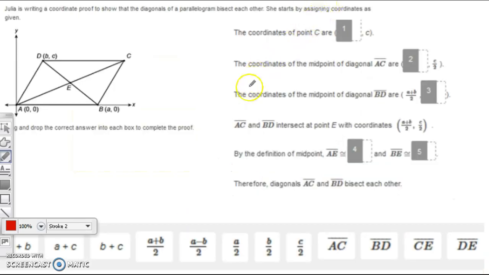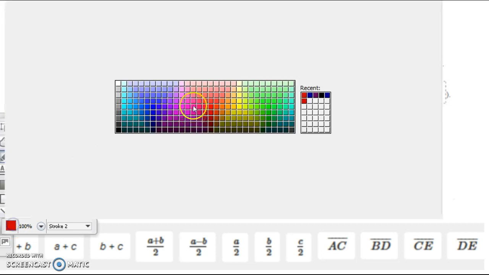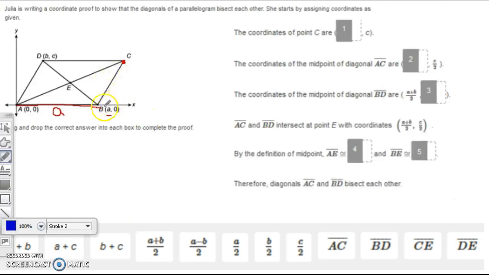All right, and then the last one, we have another proof. The coordinates of point C are something. Well, it's right here. So let's go back. To get this distance, this one is A units long. But in order to get to C, we still need the rest of this distance. So we have to ask ourselves, what is the rest of that distance?